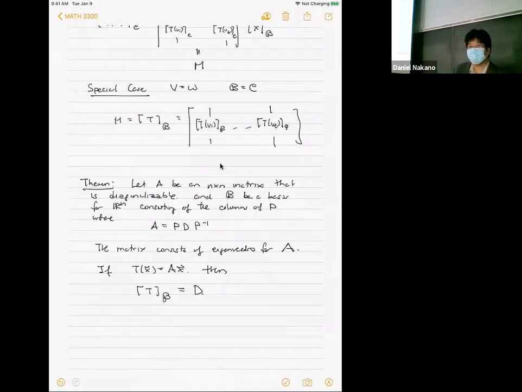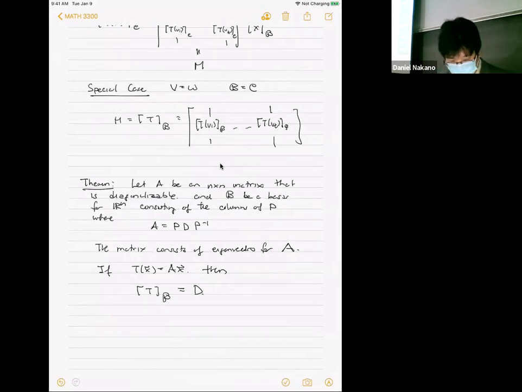I mean, T relative to the standard basis is just A itself. But relative to a different basis, namely the eigenbasis, or basis consisting of eigenvectors, then the linear transformation is represented by the matrix D instead. Okay, any questions on this?